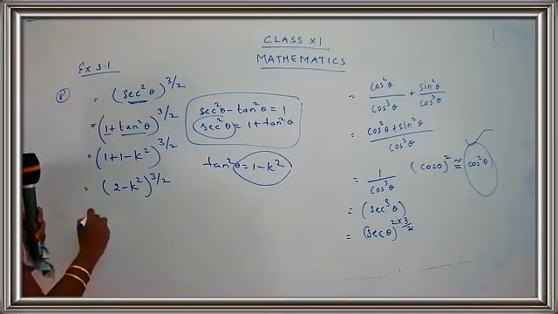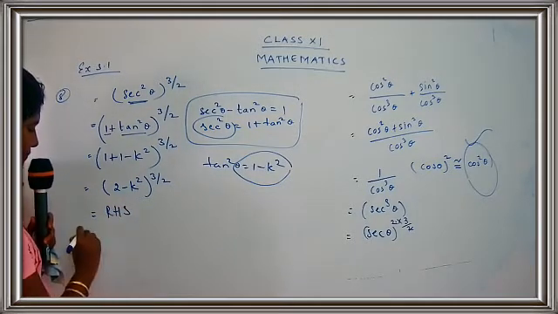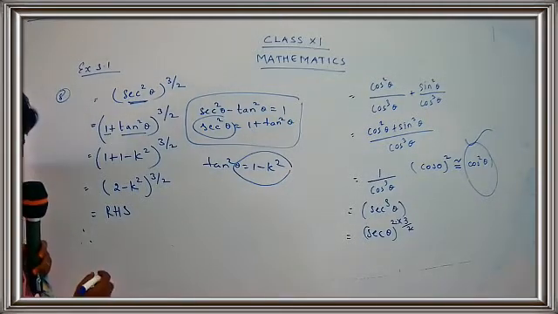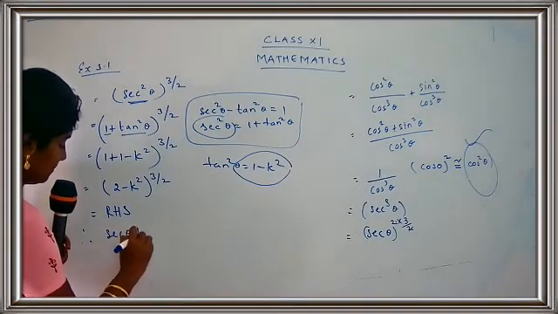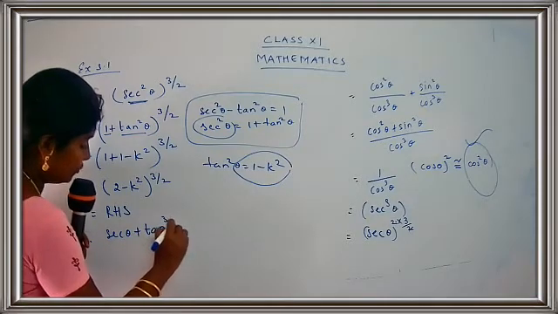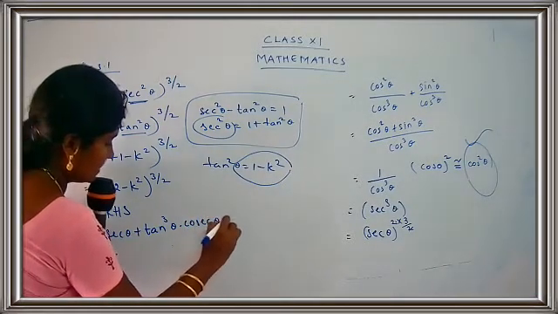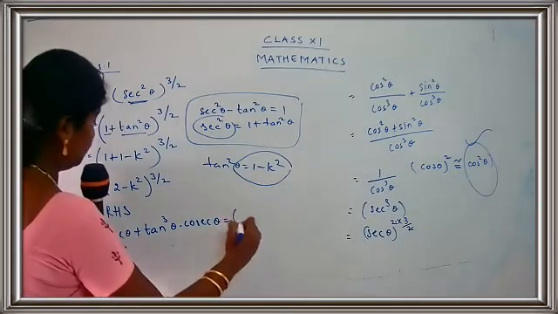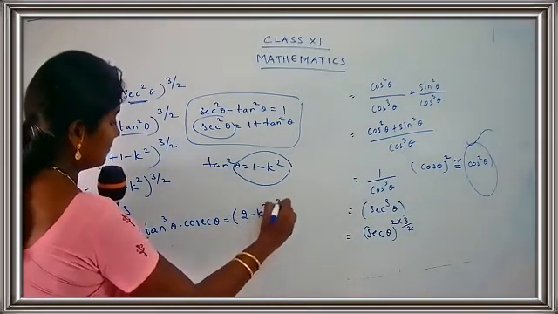Yes, I got the RHS part. That's what we have to show. Yes, children? You can say therefore sec theta plus tan cube theta cosec theta is equal to 2 minus k square to the power 3 by 2.